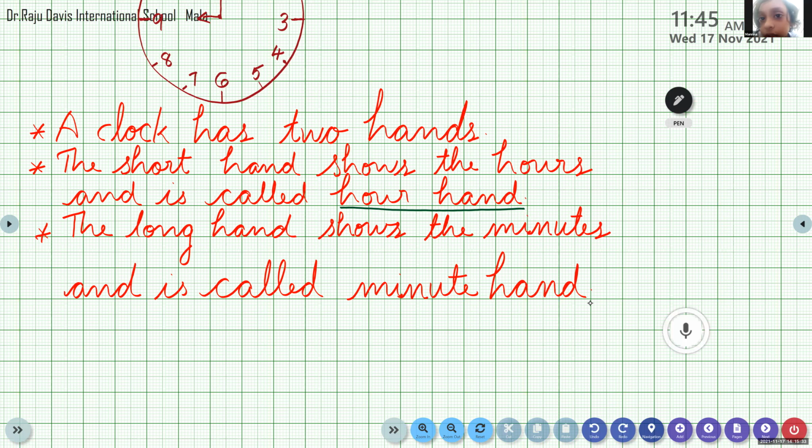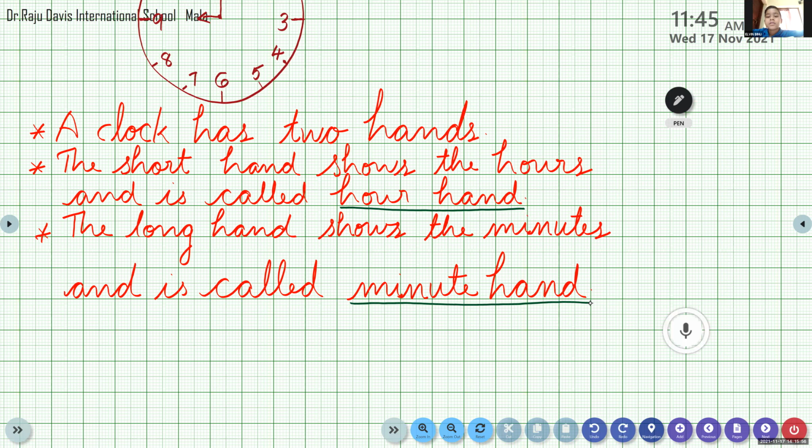Ma'am, I cannot see the third point. It will come. Wait a minute. And one more point is the last point. We wrote about hour hand and minute hand. One more sentence is there, that is about the face of the clock.